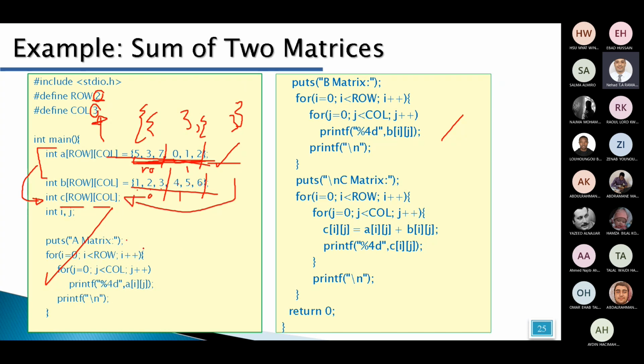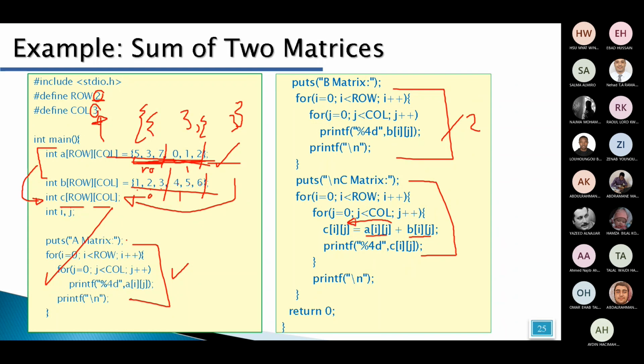So this one only prints the first matrix. This one only prints the second matrix. This one makes the summation. First matrix plus second matrix. So matrix A plus matrix B, element by element inside matrix C. So matrix C will have the summation of the two matrices.